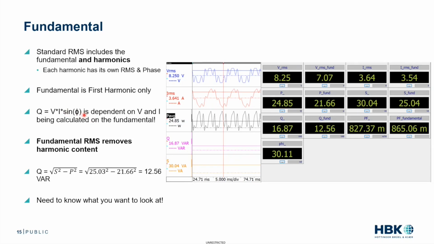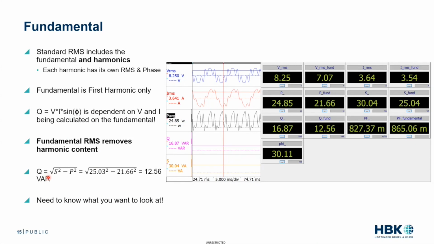So this traditional equation is dependent on V and I being calculated on the fundamental or one individual harmonic. Fundamental RMS removes all of that harmonic content. It takes the frequency, it looks at just that first Fourier series transformation. We actually have in our software a package for doing that automatically. So it extracts all those harmonics out.